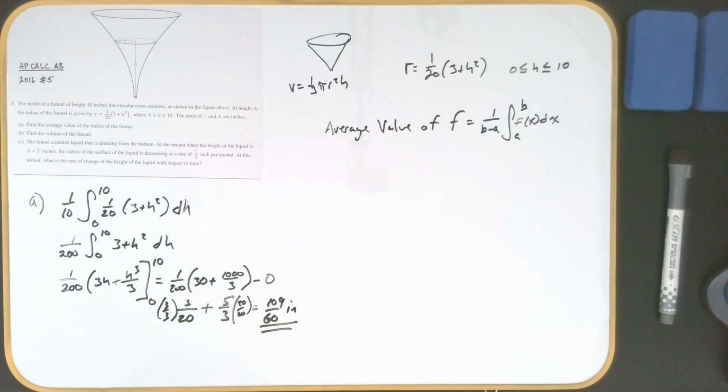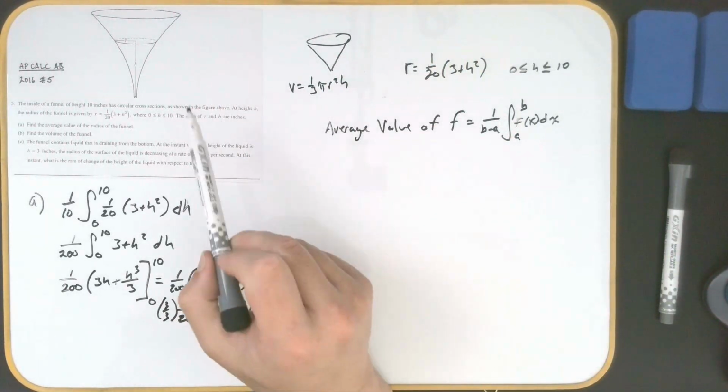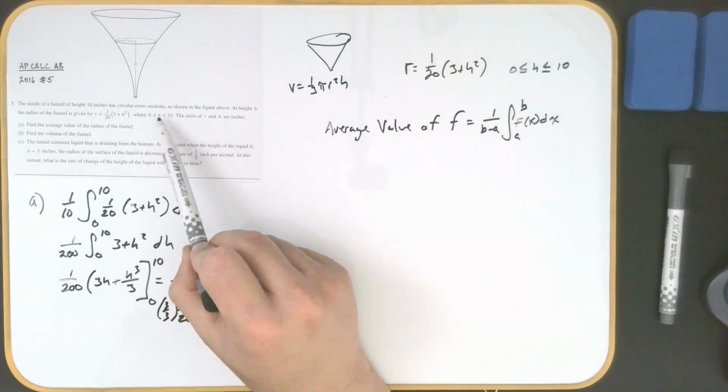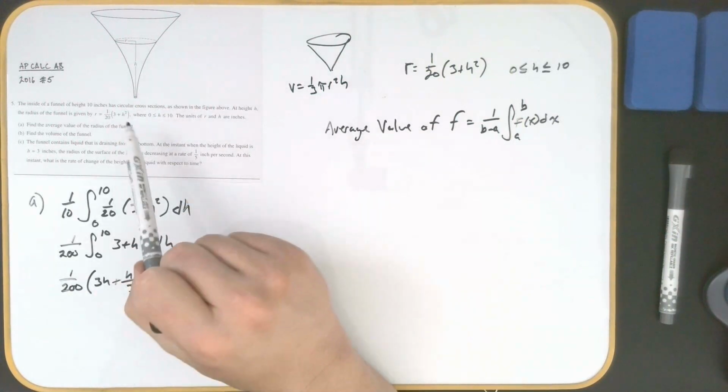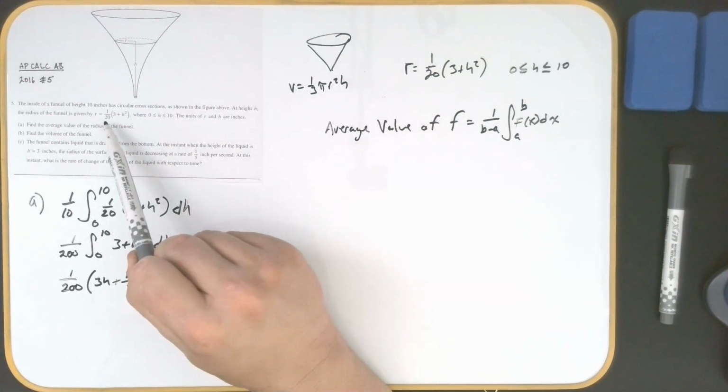I guess if you wanted, you could have left it back here, but we can go all the way through and get a common denominator. So it's a little less than 1.5 inches. So that's the average value of the radius. And in fact, think of it this way. When the height is 0, down here at the bottom, the radius is only 3/20.